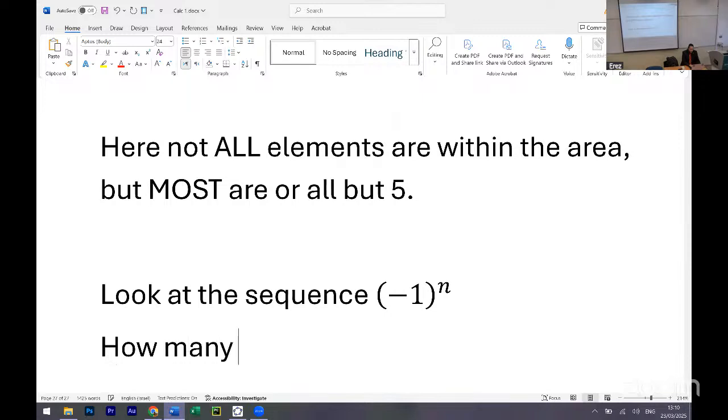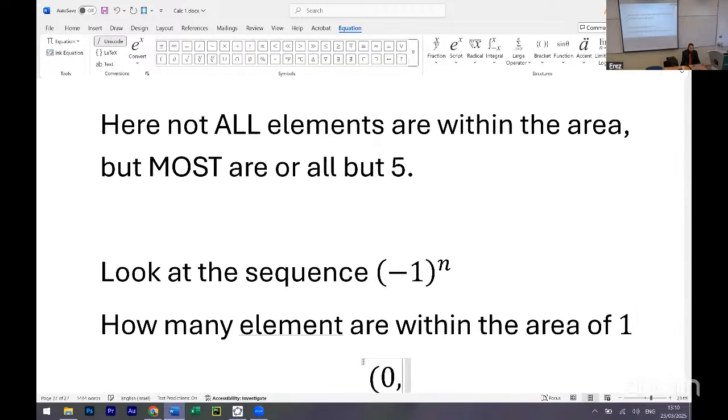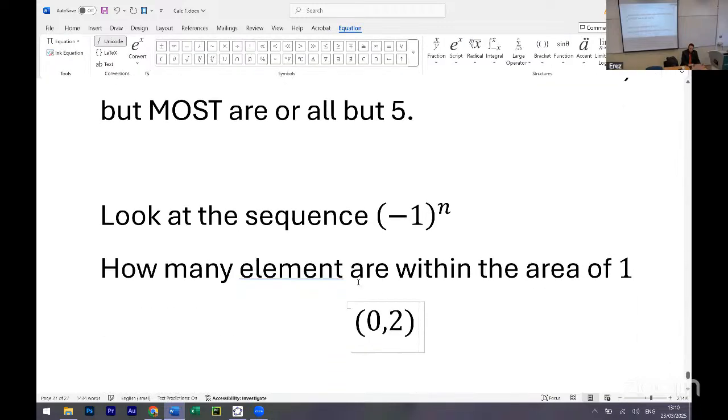How many elements are within the area of 1, between 0 and 2? Do you agree this is an area of the number 1? How many elements of this sequence are in this area?